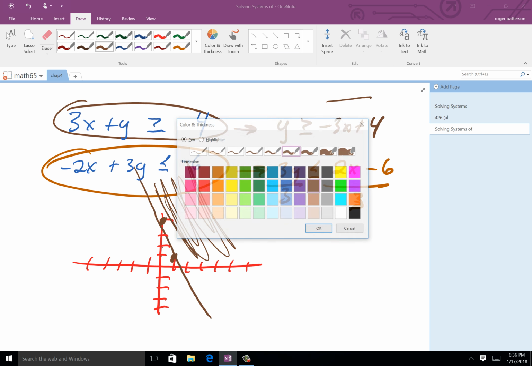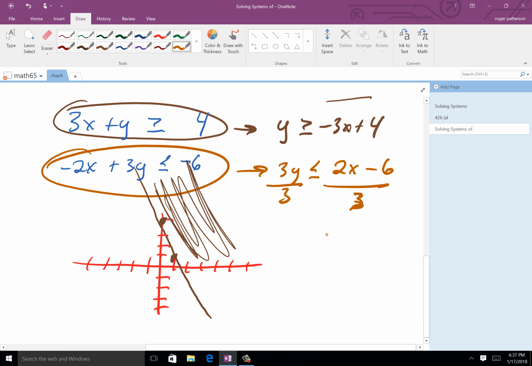Then I got this orange color here. So now I'm going to graph this one. 6 divided by 3 is 2, so that's negative 2. Slope is 2 over 3, so go up 2 over 3. Solid line. There it is. And then it's y is less, so which way do I shade? Below.